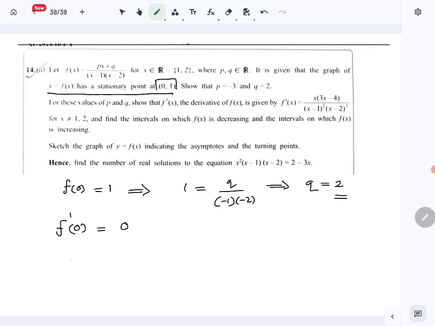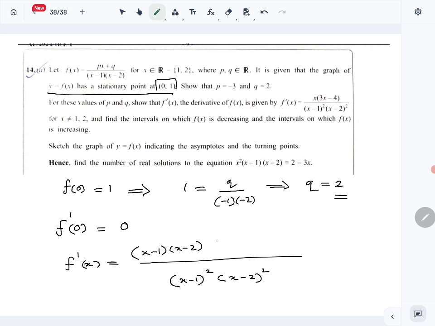For that condition, we first have to find the derivative. So let's first find the derivative using the quotient rule. No need to simplify, just apply the quotient rule and see what you get. (x minus 1) squared, (x minus 2) squared, then keep (x minus 1)(x minus 2) here. Then the derivative of the numerator is just p, then minus (px plus q). Then what do you get inside? Keep (x minus 1), take the derivative of (x minus 2), just 1.